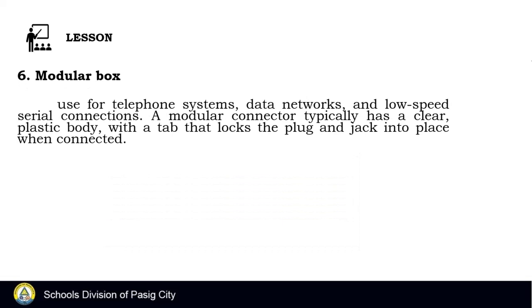Number 6, modular box, used for telephone system, data networks, and low-speed serial connection. A modular connector typically has a clear plastic body with a tab that locks the plug and jack into place when connected.